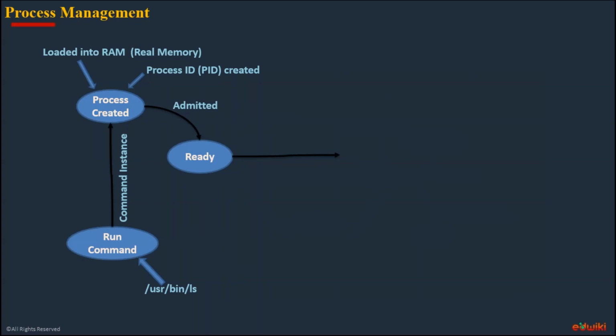The processes in the ready state get scheduled for the CPU to run. Once the processes are submitted to the processor, the moment it starts executing them, that process state is called the running state, right?